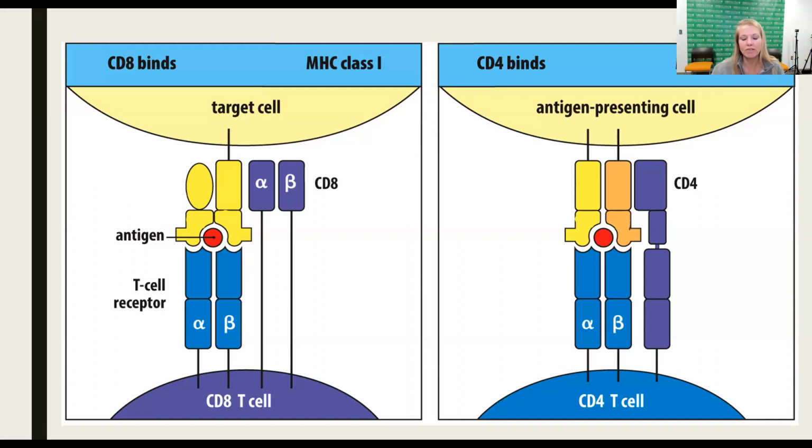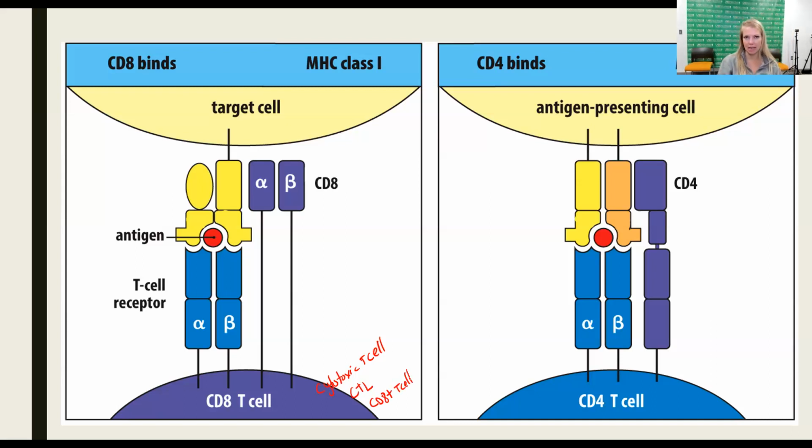Now, we will sometimes call them cytotoxic T cells, but that's the long name. So we can also call them CTLs for cytotoxic lymphocyte, or we can call them CD8 positive T cells.